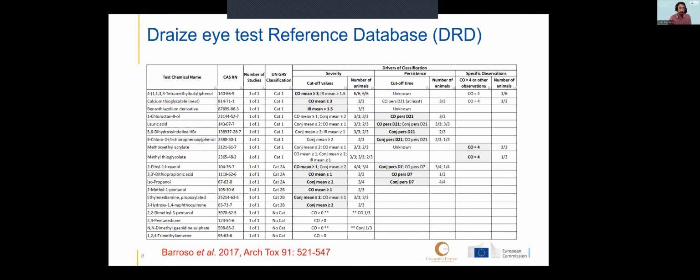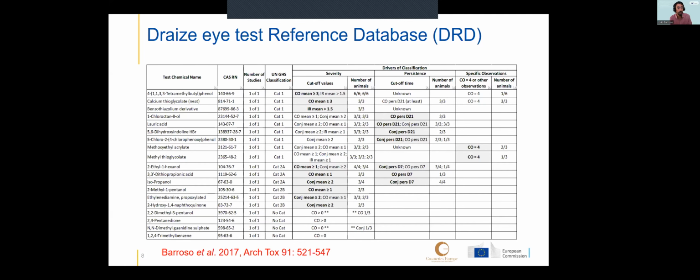So when we compiled the Draize Test Reference Database, the idea was really to provide a list where all chemicals were categorized according to their GHS classification and the main effect driving the classification, because this could really help people understanding limitations in their methods, selecting a proper list of materials for validation studies that would cover all the main drivers, and also understand which drivers were less important and therefore not so important to cover in vitro.